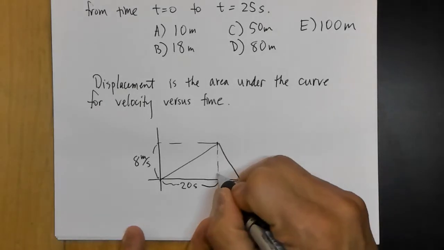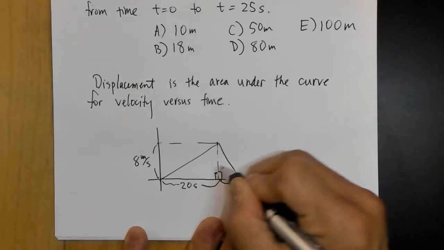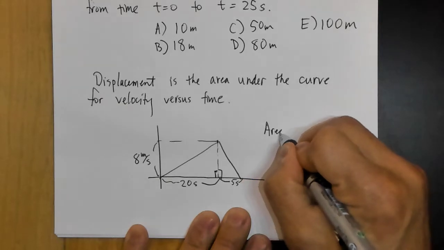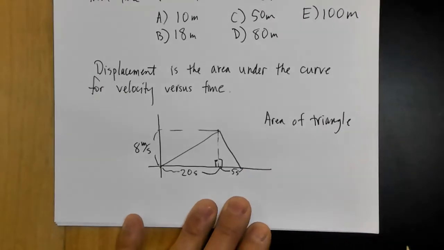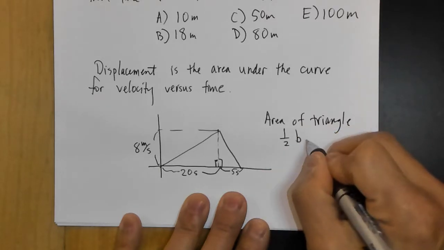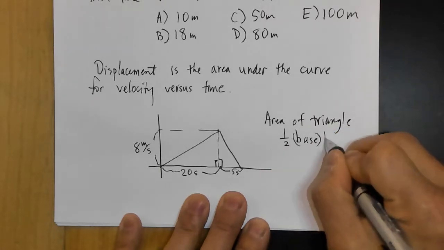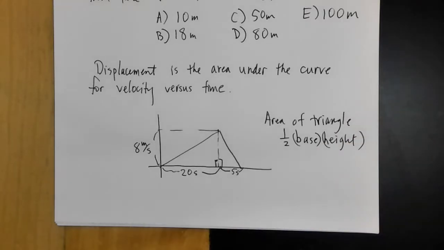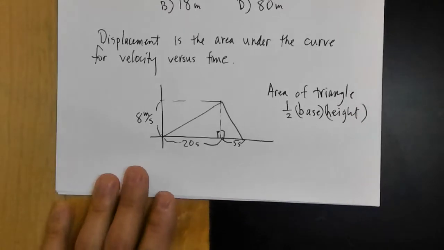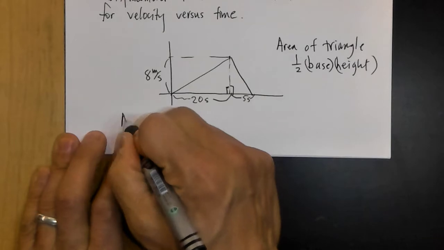So we have these right triangles, and the area of a triangle is 1/2 the base times the height. So half the area of a rectangle with the same base and height. And that's what we'll use here.